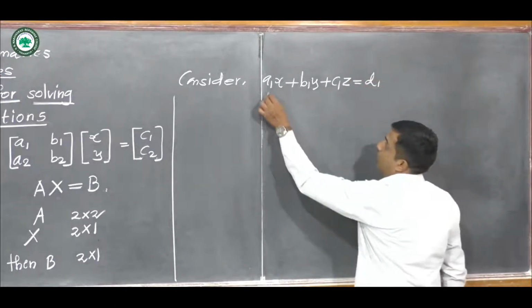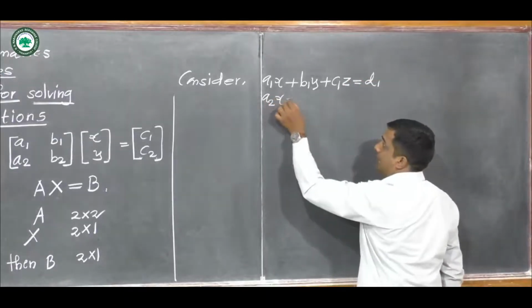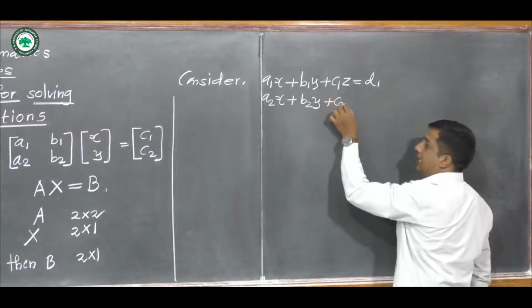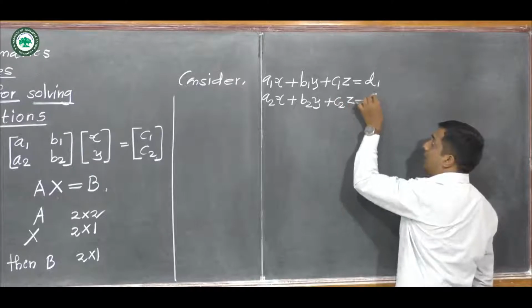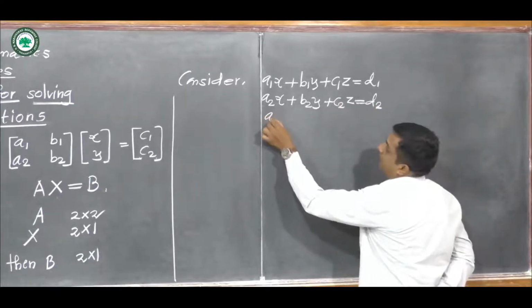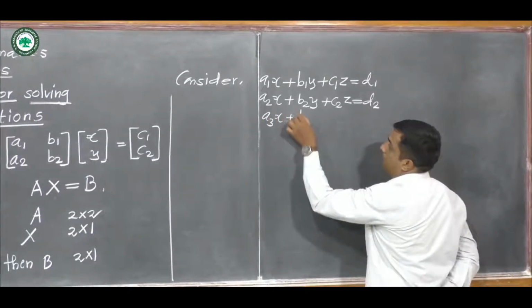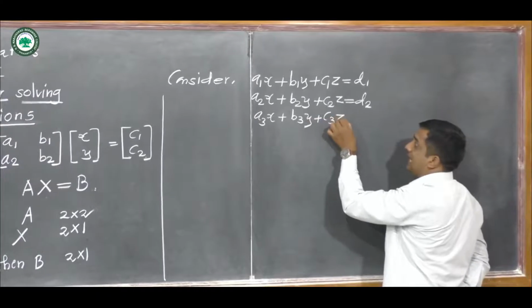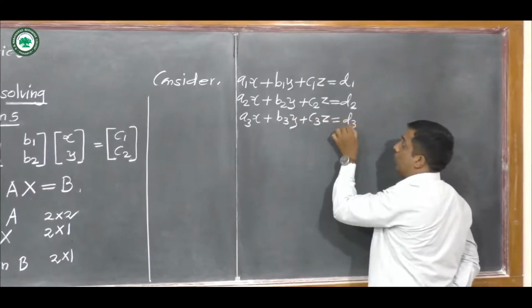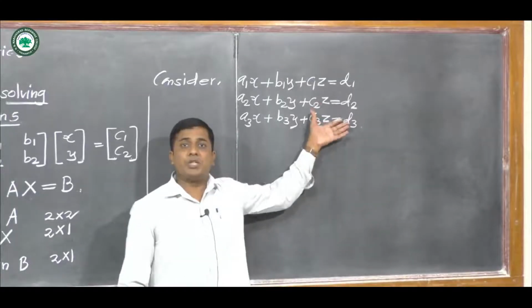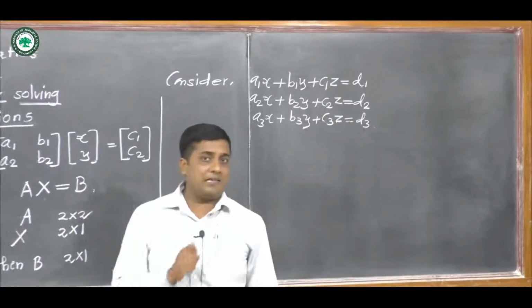The second equation is a2x plus b2y plus c2z is equal to d2, and the third equation is a3x plus b3y plus c3z is equal to d3. Here we consider three equations with three variables.